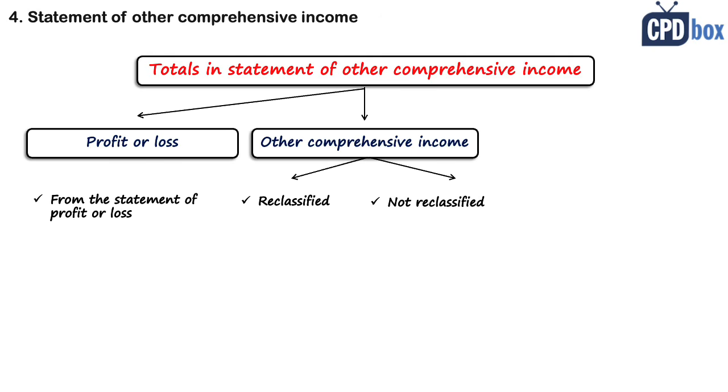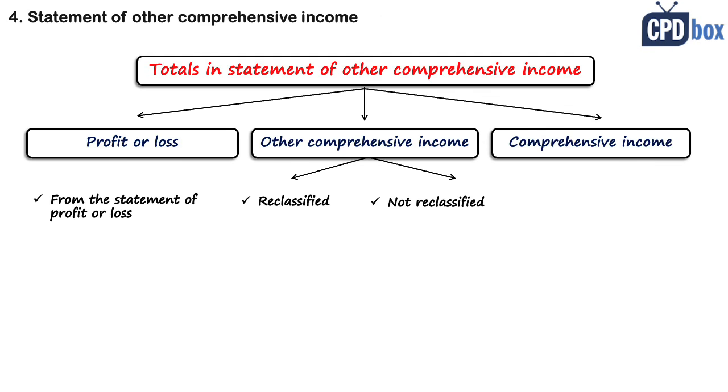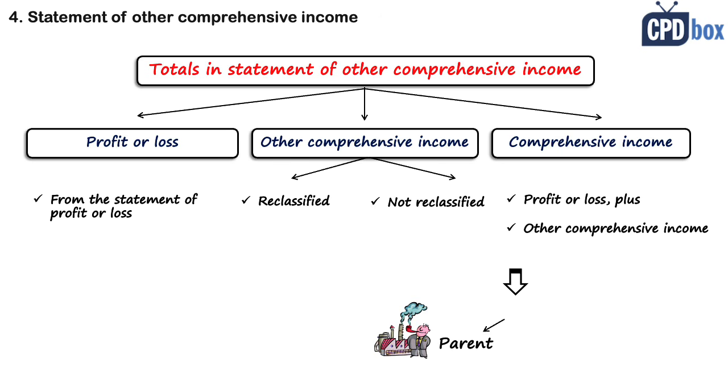Which is which? Well, that depends on the rules of the specific standards. Finally, the total for comprehensive income, which is basically the sum of the profit or loss and other comprehensive income. Again, allocate the comprehensive income between owners of the parent and non-controlling interest.